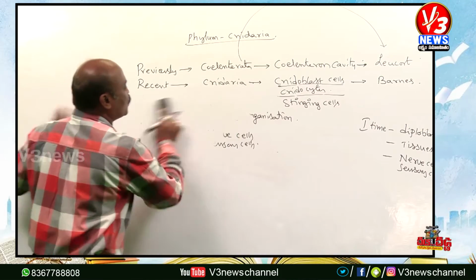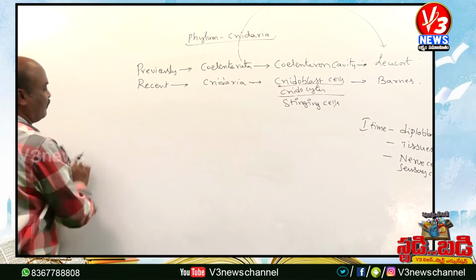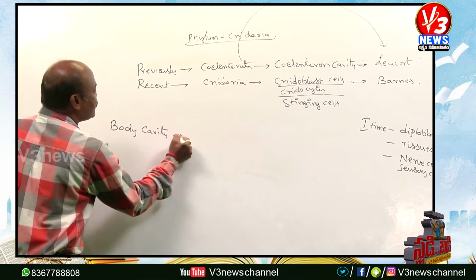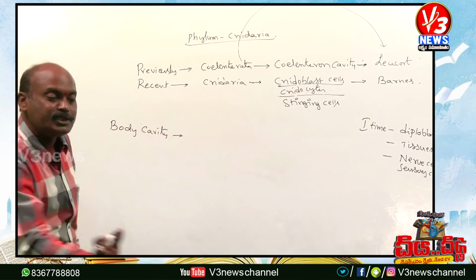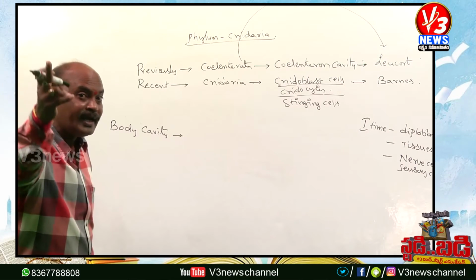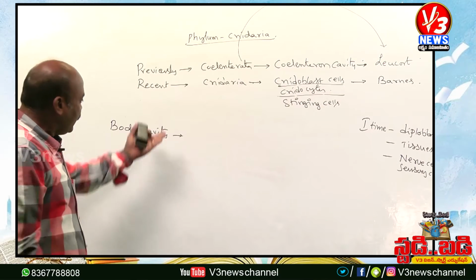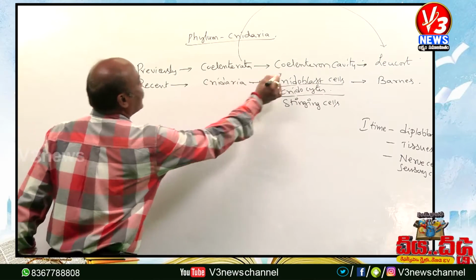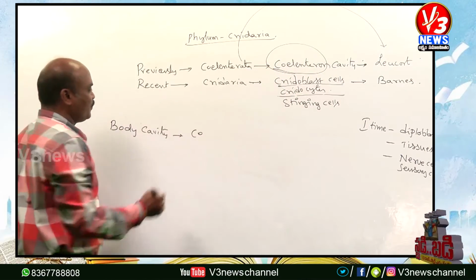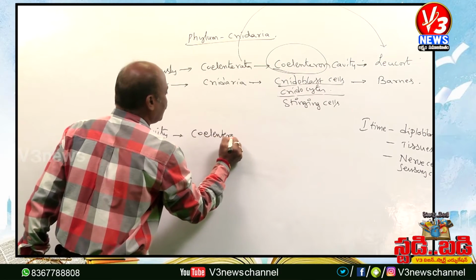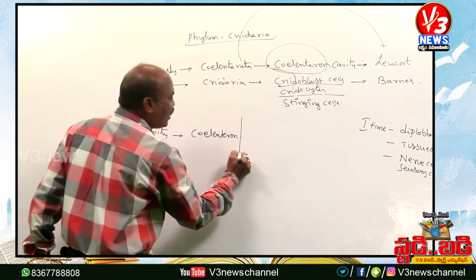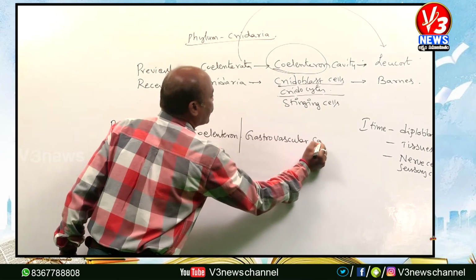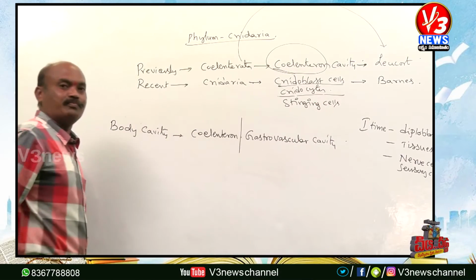Right. Now coming to the body cavity. Yesterday we discussed the body cavity of sponges, that is spongocoel. That's not a true body cavity, not a true coelom. Here it is also the same way. The body cavity is called coelenteron. The coelenteron is also called gastrovascular cavity.